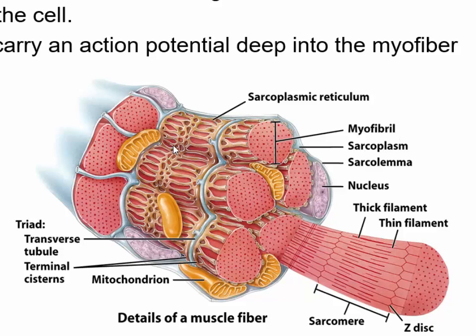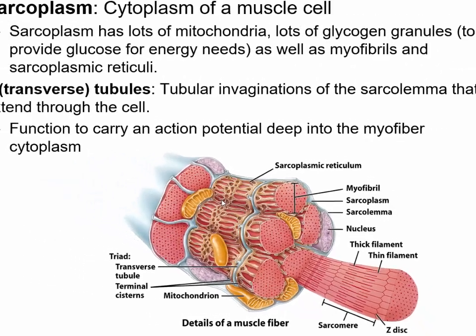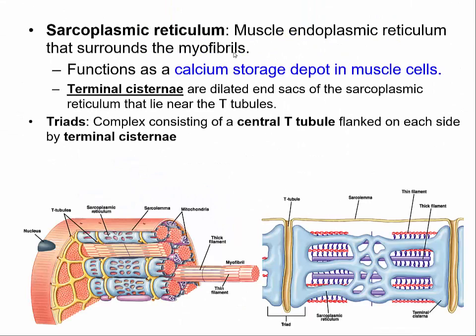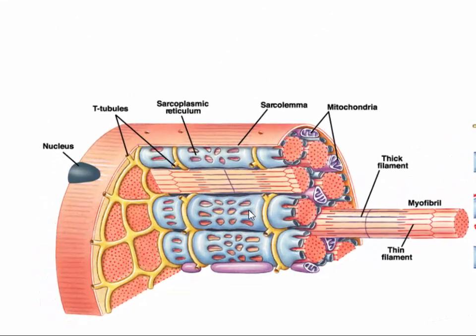It's a modified version of the endoplasmic reticulum, only here, it's modified to store lots of calcium. The sarcoplasmic reticulum is the endoplasmic reticulum that surrounds the myofibrils, those thick and thin myofilaments. So all of this shown here in blue, as well as over here, is the sarcoplasmic reticulum. It functions mainly as a calcium storage depot for muscle cells.